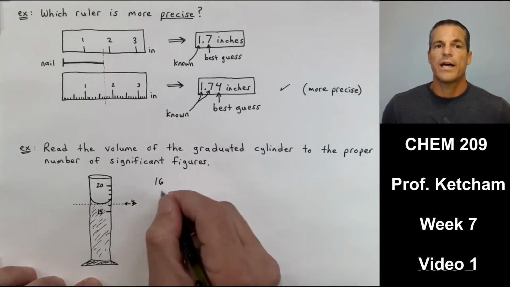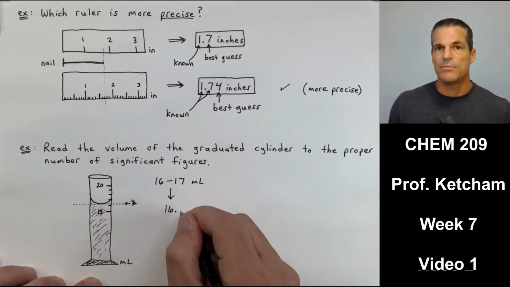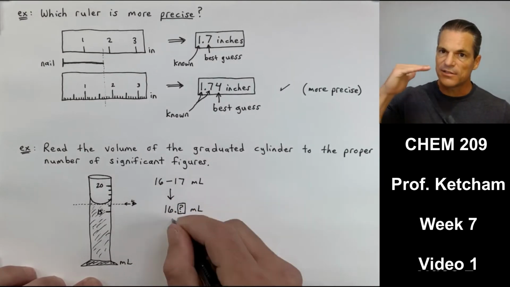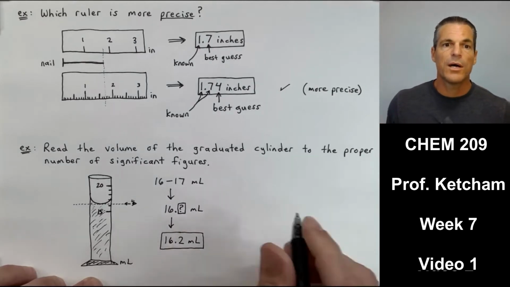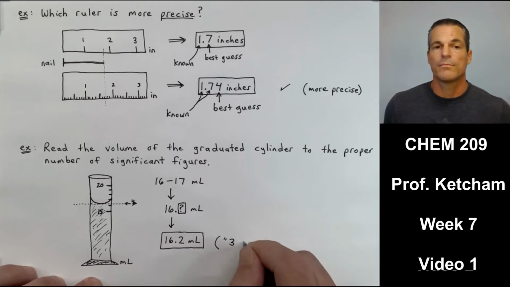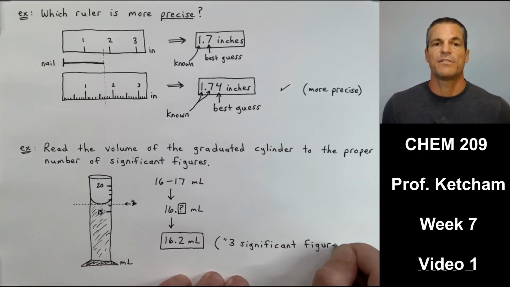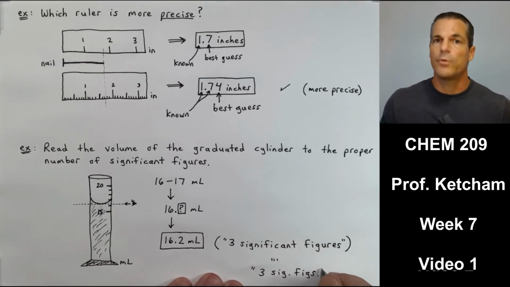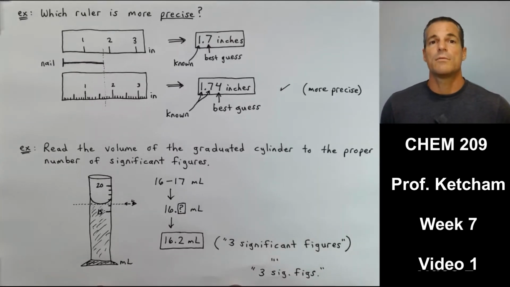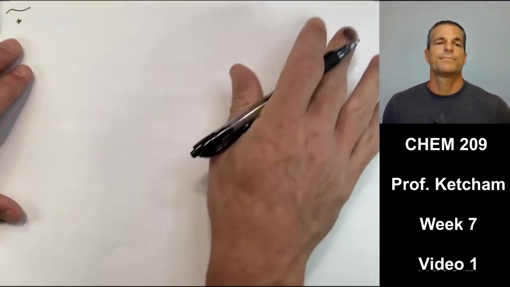Well, I know for a fact I'm in between 16 and 17 milliliters here because there's a 16 and a 17 tick mark. My best guess, well, I came up with 0.2. I feel like it's closer to the 16 mark than it is to 17. So I say 16, and then my best guess, 0.2. 16.2 milliliters, 3 digits there, so 3 significant figures.